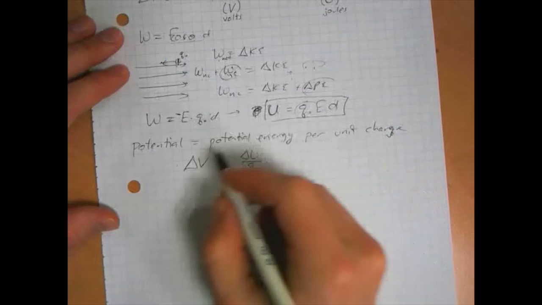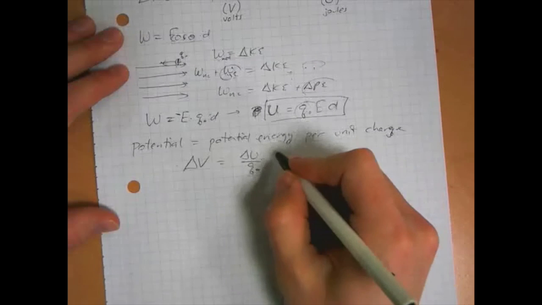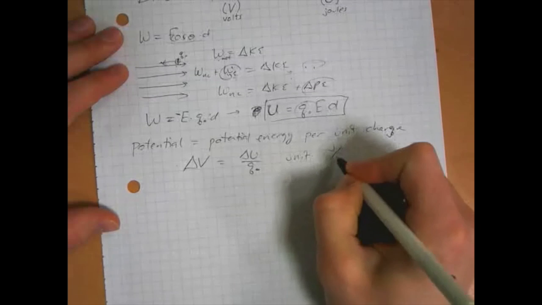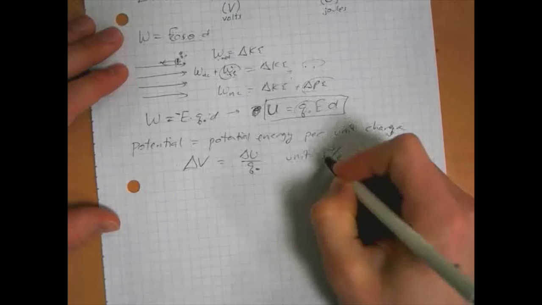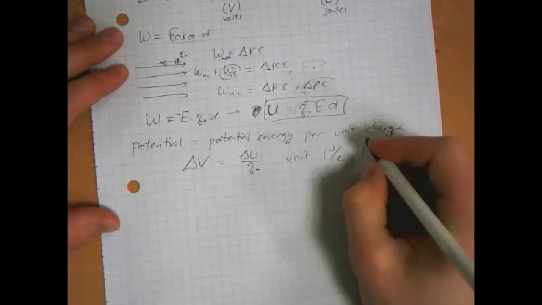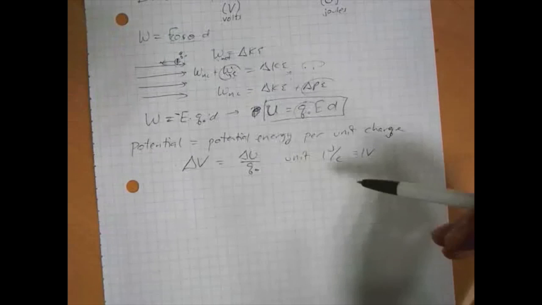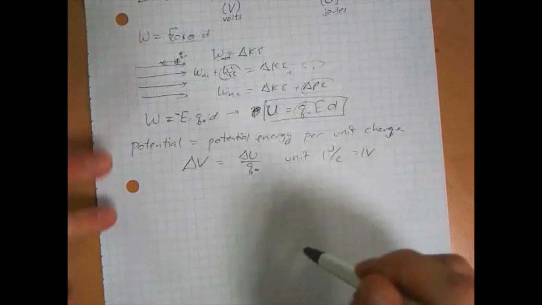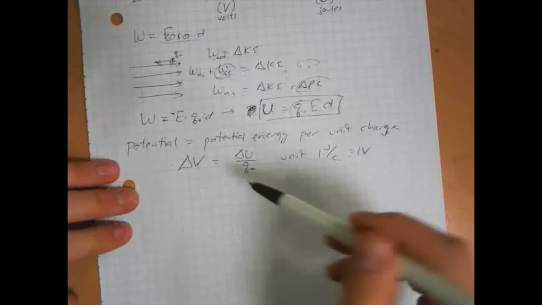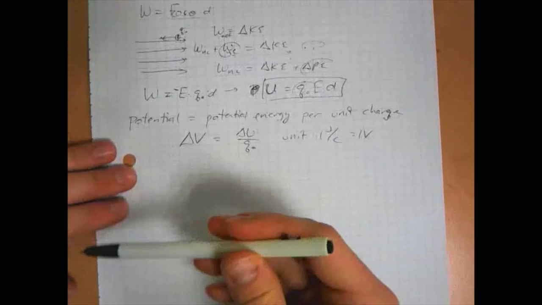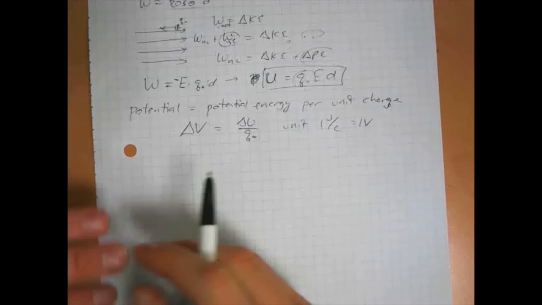And the unit, I said it was volts, is 1 joule per coulomb equals 1 volt, capital V. So this is actually somewhat sensible. The variable is V and the unit is also V, so that's fairly easy to keep track of.